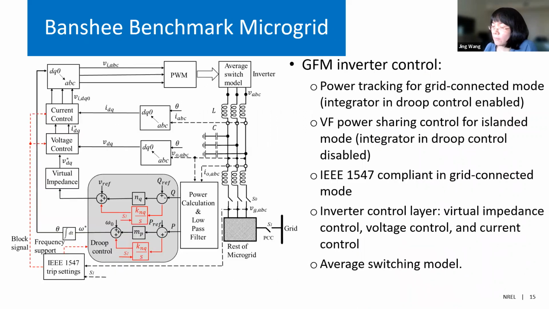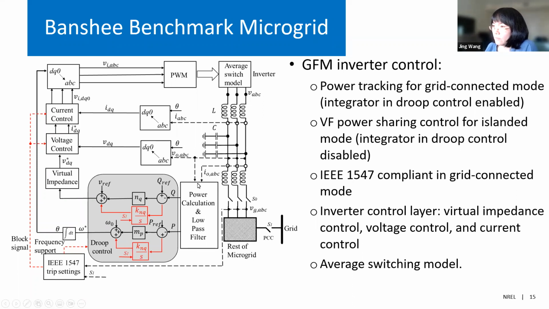For the grid forming inverter control, as you can see here, it has a power level control and a device level control. For the power level control, we have power tracking in grid connected mode, so the integrator is enabled so that it can track the power reference. For the isolated mode, we have the VF power sharing control with the integrator disabled, so it can do the power sharing.